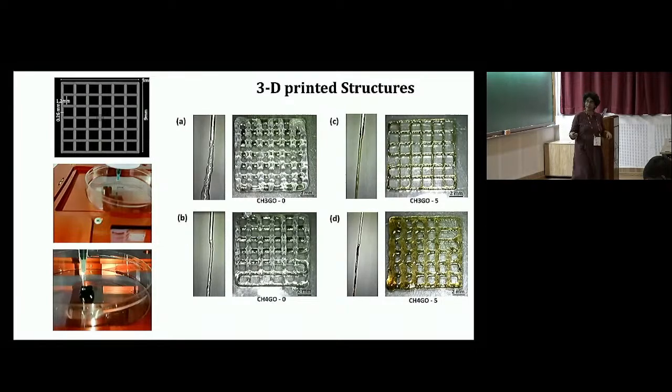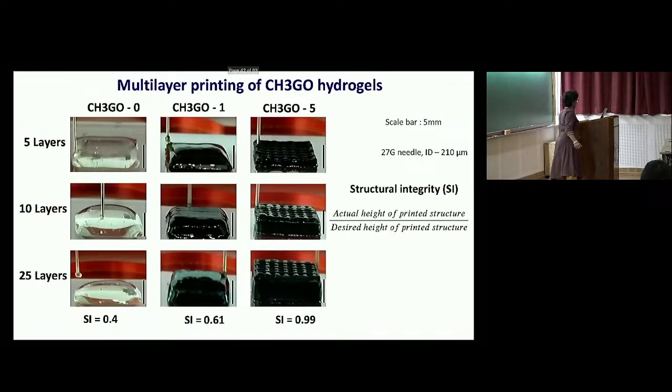The brown ones are with the graphene oxide, and the non-brown ones are with no graphene oxide. And the filaments are also there. And our best ink is this guy. And we quantified the printing as well to confirm our visual observations. So these are our multi-layer printing examples.